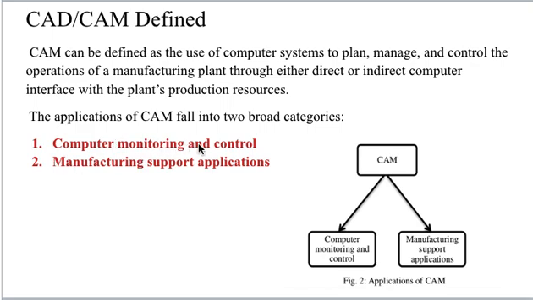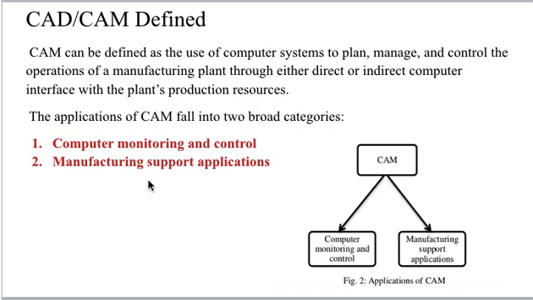Computer monitoring and control are the direct applications, in which the computer is connected directly to the manufacturing process for the purpose of monitoring or controlling the process.